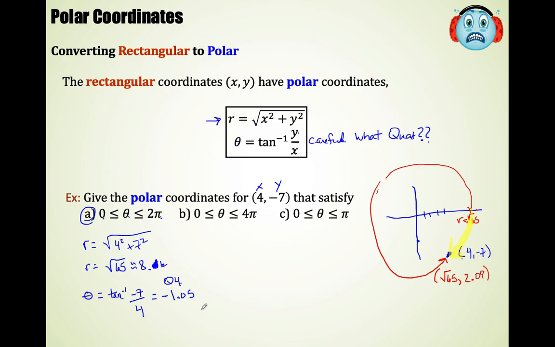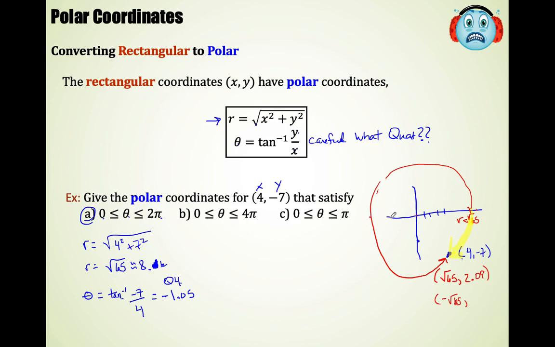How else could I get there? Right? How could I get to the same place with radiuses? Couldn't I do negative root 65? If I did negative, but again I have to have a positive, my rotation has to be between 0 and 2 pi.